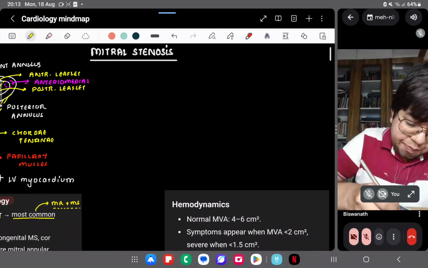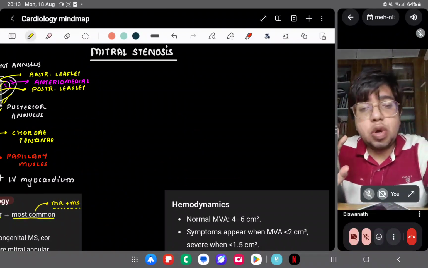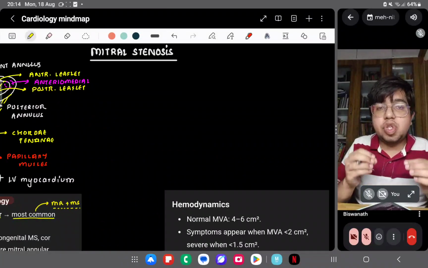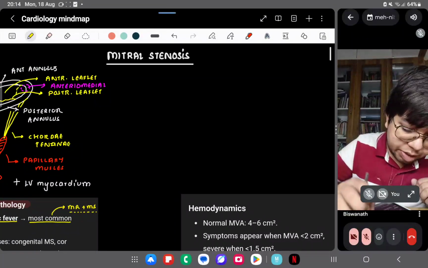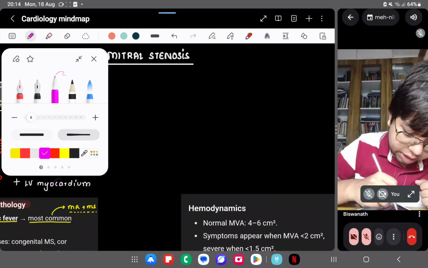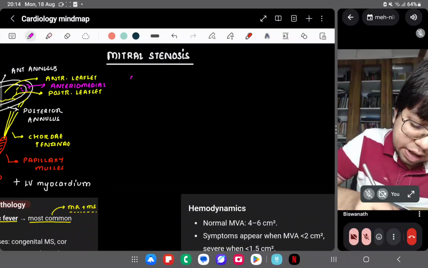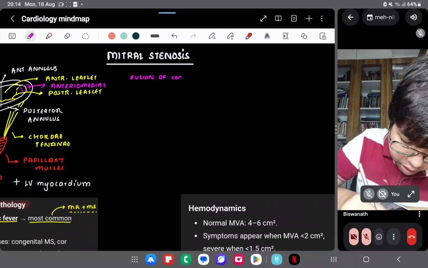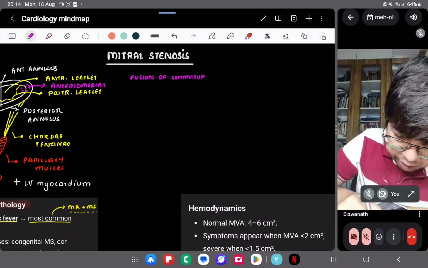So I told you that in mitral stenosis we have fusion of commissures. These commissures which I drew in pink, let us maintain the color code as well. There is a fusion of commissures.